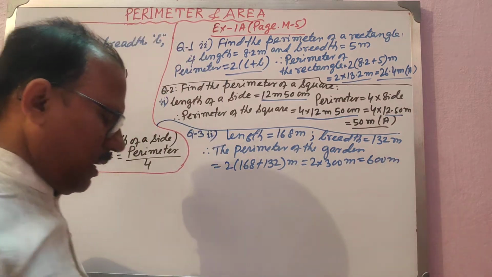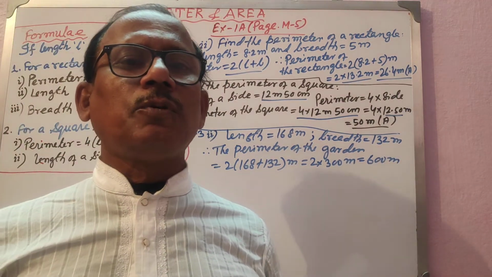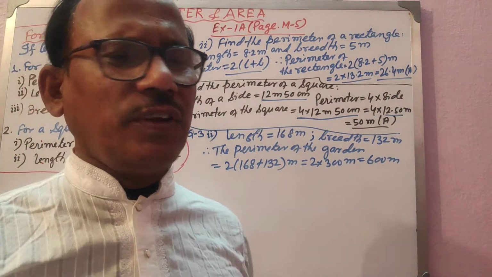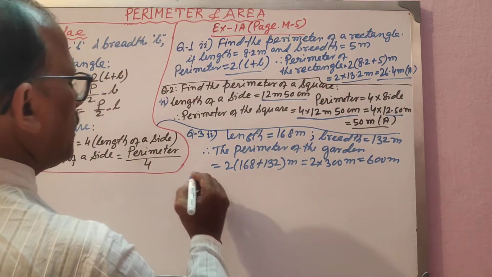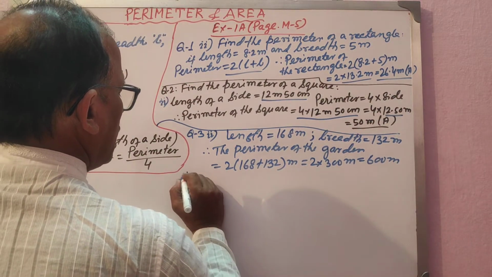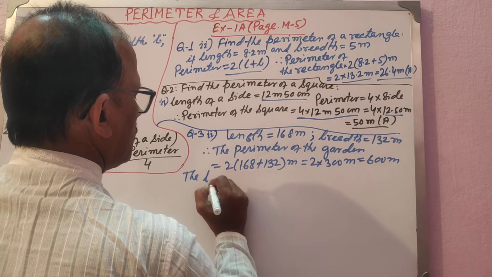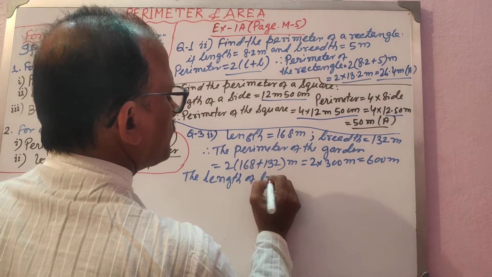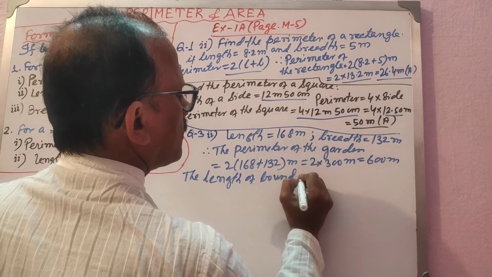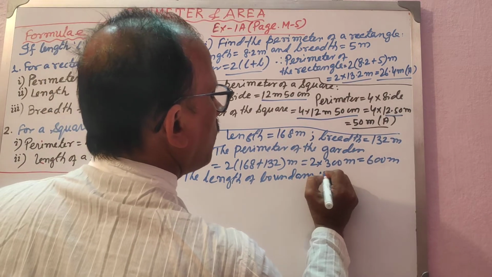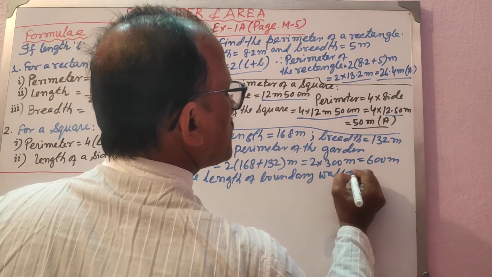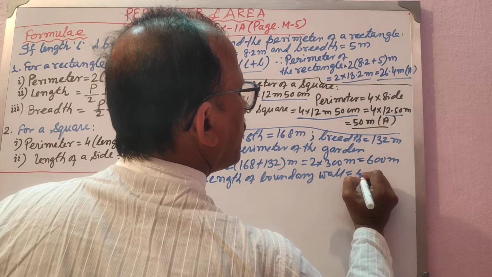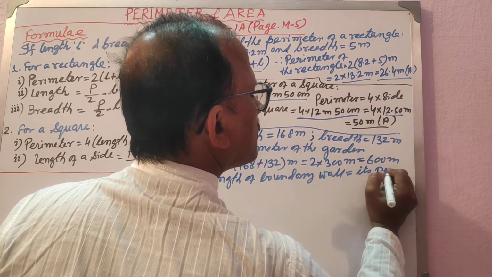That is the perimeter. And then you have to make the boundary wall, so the boundary wall length will definitely be 600. The length of the boundary wall is equal to its perimeter.